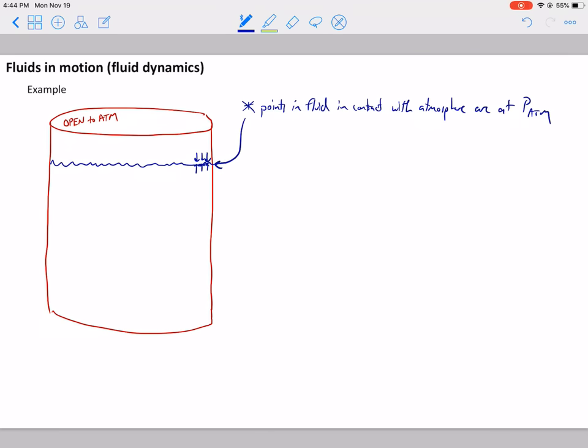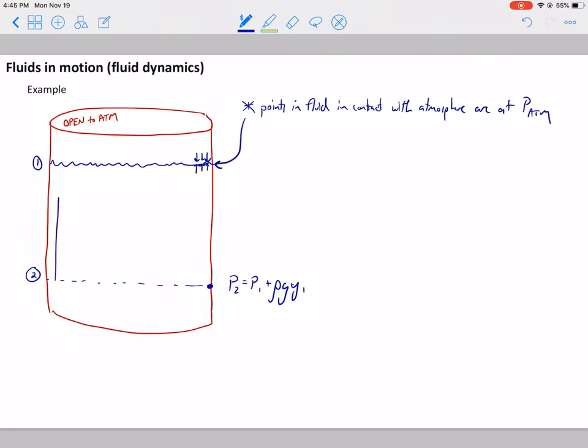So let's say, first of all, if I were to just go down to this level, if I wanted to know the pressure at that location, I could say that we have number 1 at the top and number 2 is down at this particular depth. Well, in that case, P2 is going to be equal to P1 plus rho g Y1.